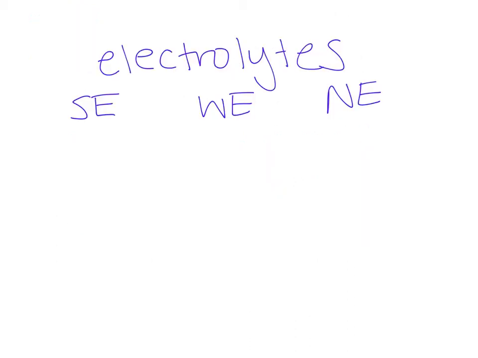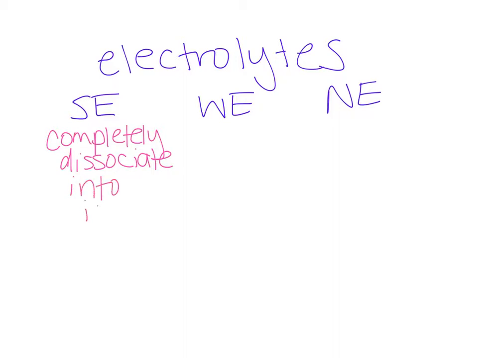All right. So strong electrolytes are things that will completely dissociate into ions. All right? Remember, an ion means it has a positive or a negative charge. Okay? So something like dissolving salt into water, right?